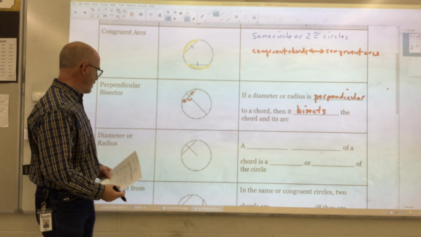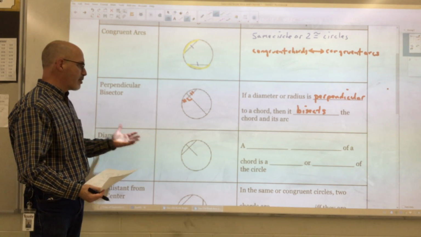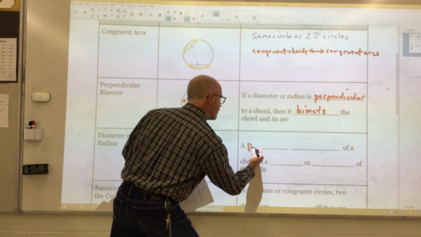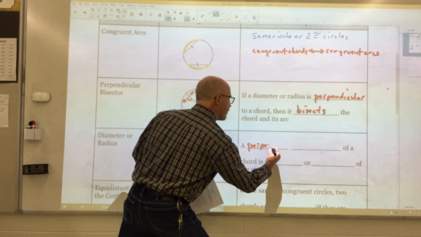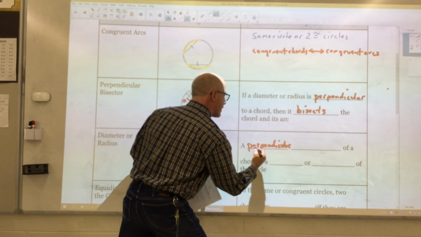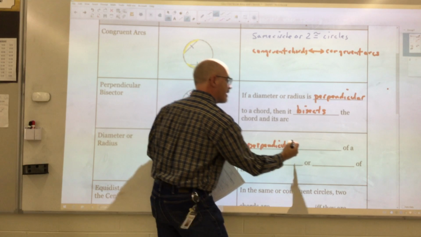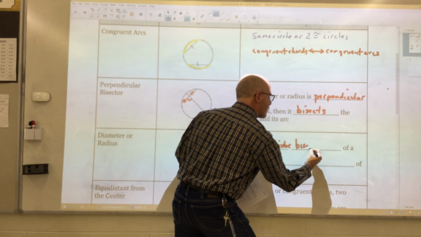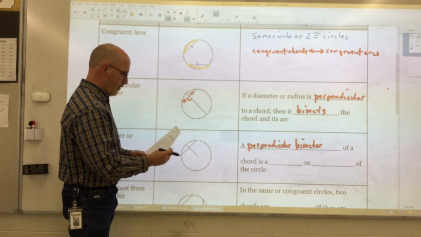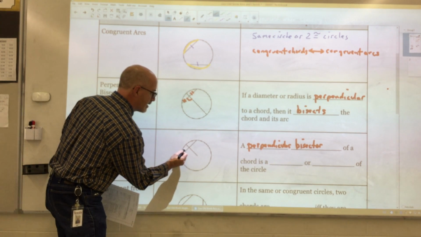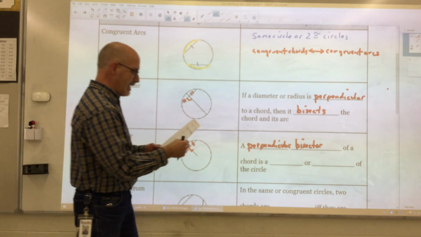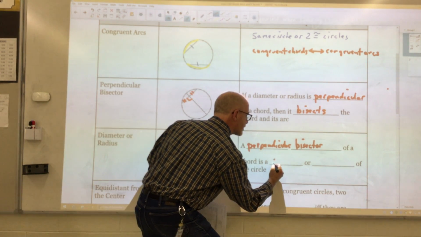Now, very similar to it, if we start with the perpendicular bisector of a chord, so if it comes and bisects it and also is perpendicular, then it is either a diameter or a radius.